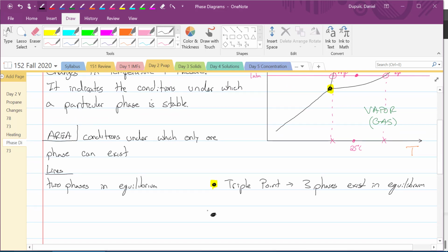And then finally this point up here, highlighted in this purplish, pinkish color, would be the critical point. This is where we have a supercritical fluid. You cannot distinguish between the liquid and gas states.